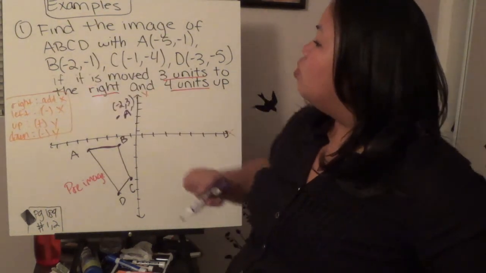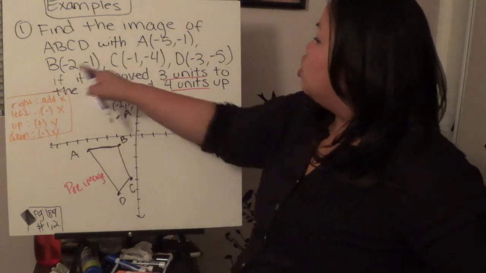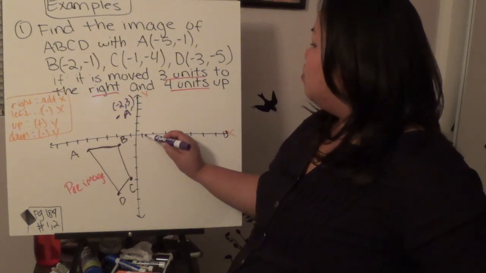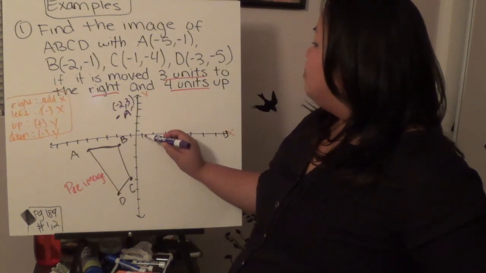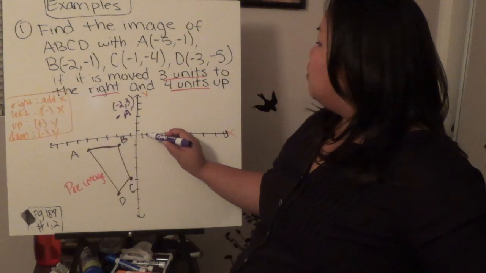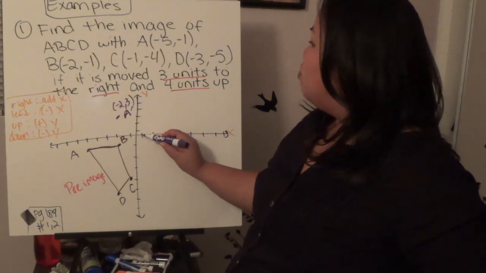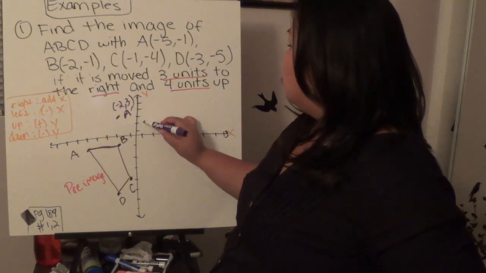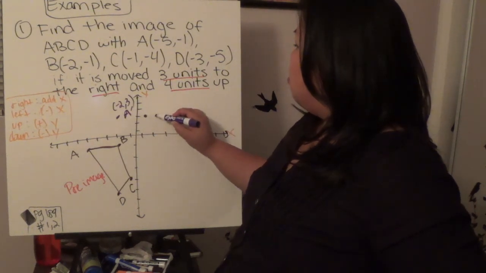So B is going to be -2 plus 3, which gives me +1. And then -1 plus 4, which would give me +3.